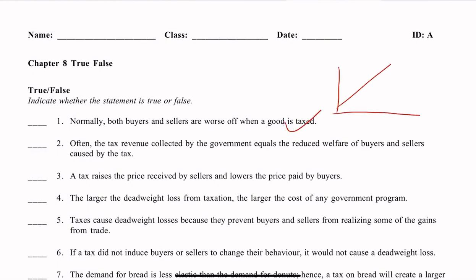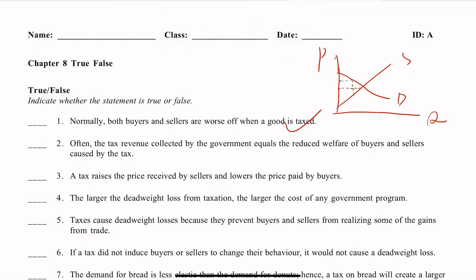Okay, you could draw this picture out. Demand, supply, Q, and P. And if there was no tax, you can easily find out what the consumer surplus and the producer surplus are. Well, let's say there is a tax.